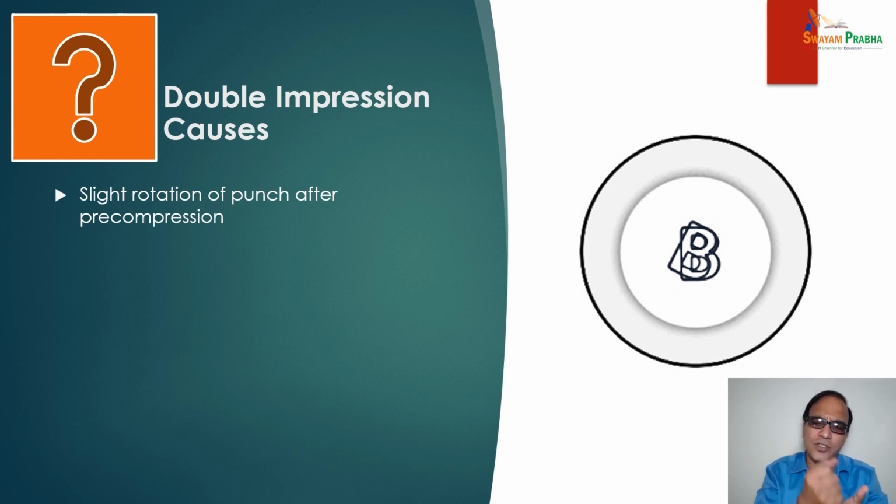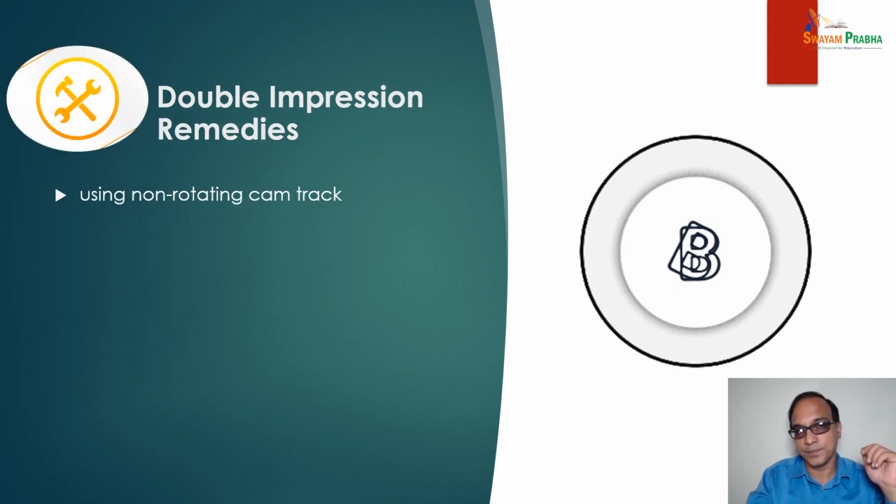Just like a seal: if you couldn't put the seal properly and you do it again, it may slightly shift from the original position. So slight rotation of the punch after the pre-compression leads to the double impression. What we can do is use the non-rotating cam track to avoid the double impression.